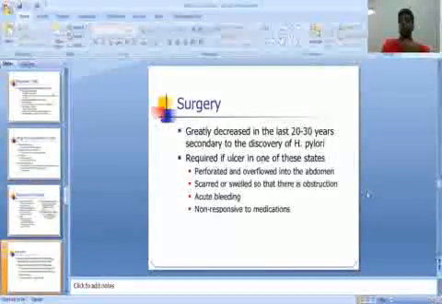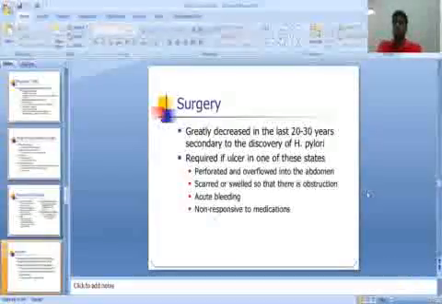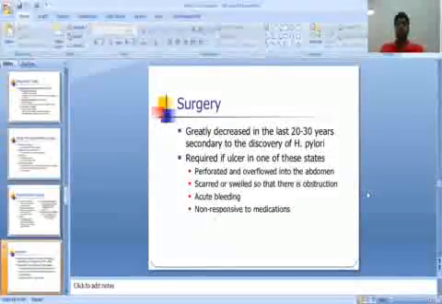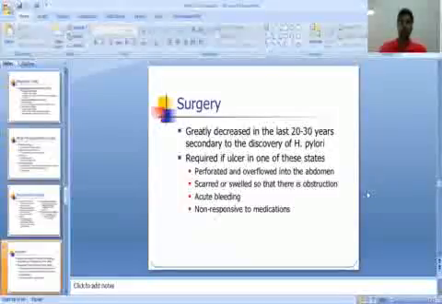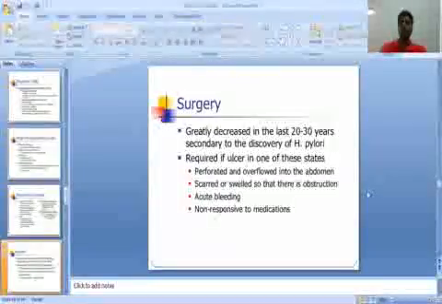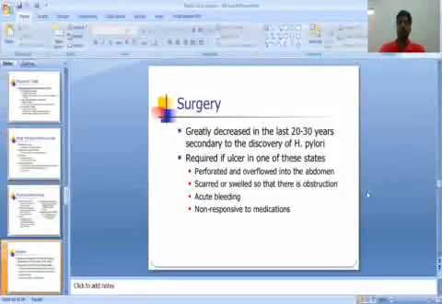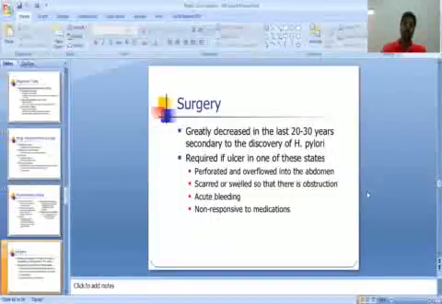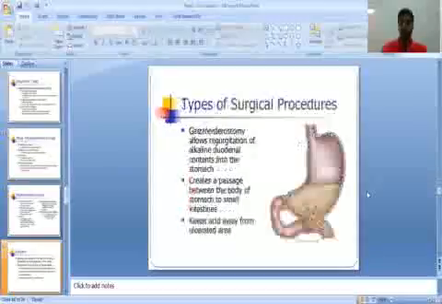Surgery has greatly decreased in the last 20 to 30 years, secondary to the discovery of Helicobacter pylori. It is required if the ulcer has perforated and overflowed into the duodenum, or scarred and swelled so that there is obstruction, acute bleeding, and non-responsiveness to medications.